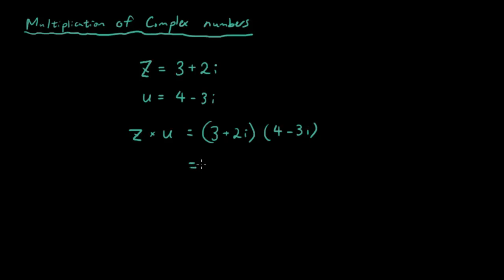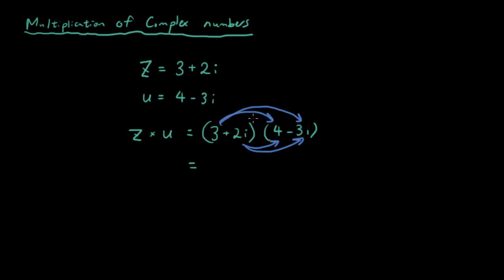Once you have done that, hopefully you remember how to expand brackets. If you don't know how to expand, you probably shouldn't be learning about complex numbers. But basically you multiply each term by the other two terms in the bracket.